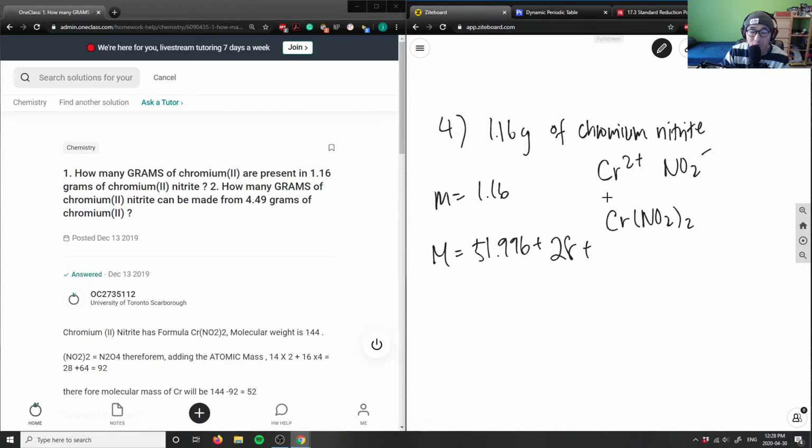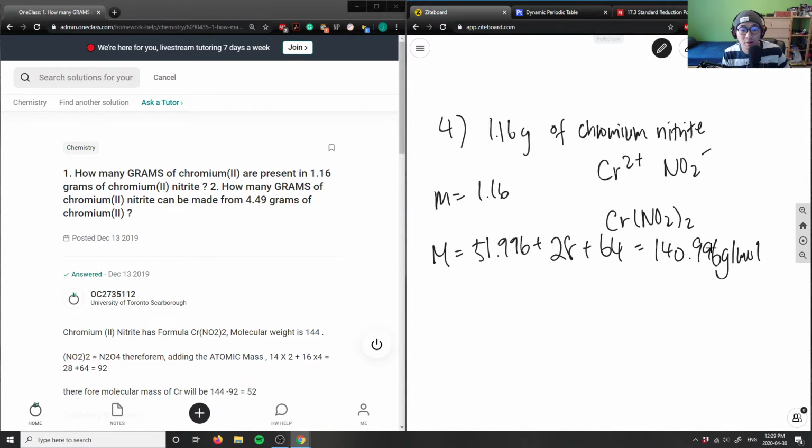So 16 times 4 would give me 64 grams per mole, right? 64 grams per mole. I'm going to sum all this up to give me my total molar mass for chromium nitrate. I'm going to get 51.996 plus 28 plus 64 will give me 140.996 grams per mole. So 140.996 grams per mole.